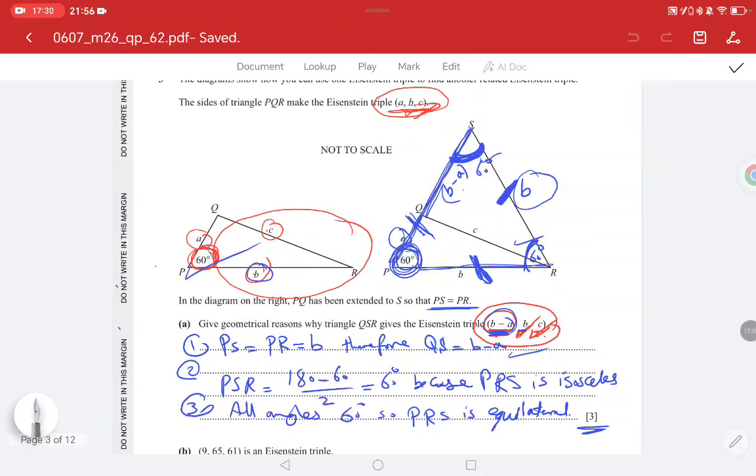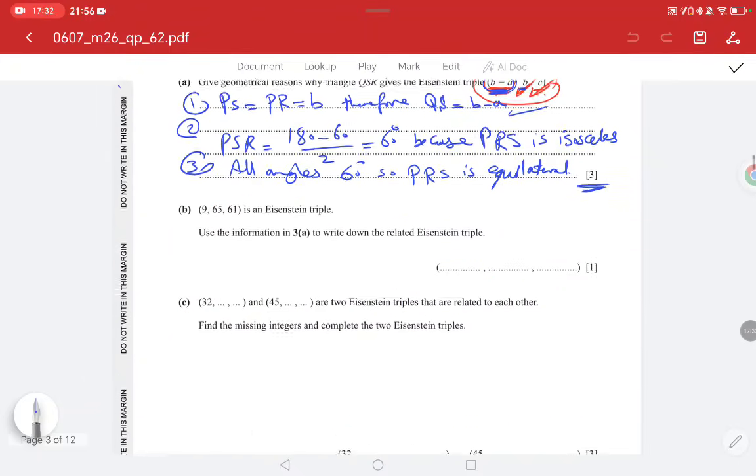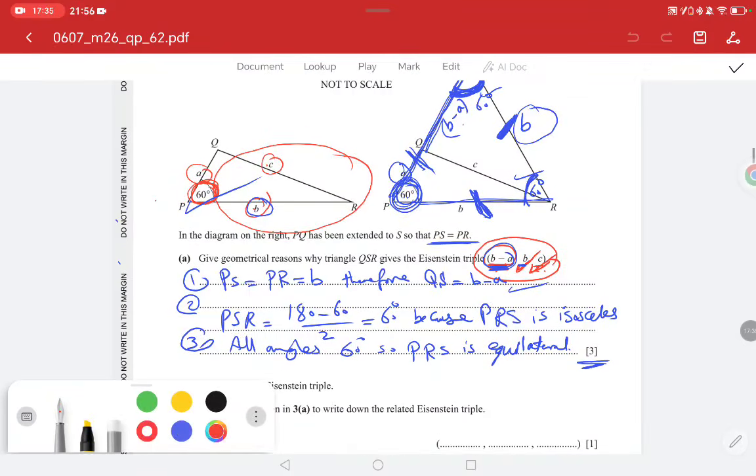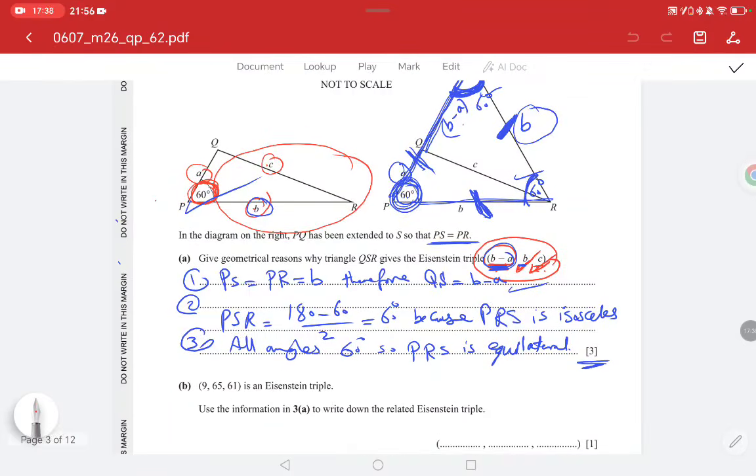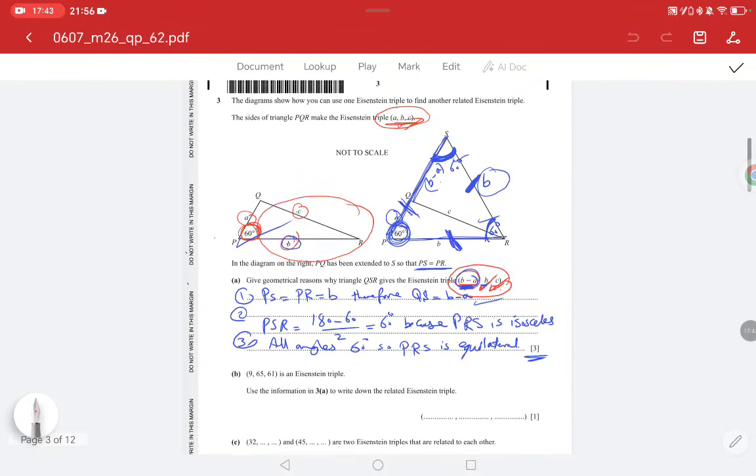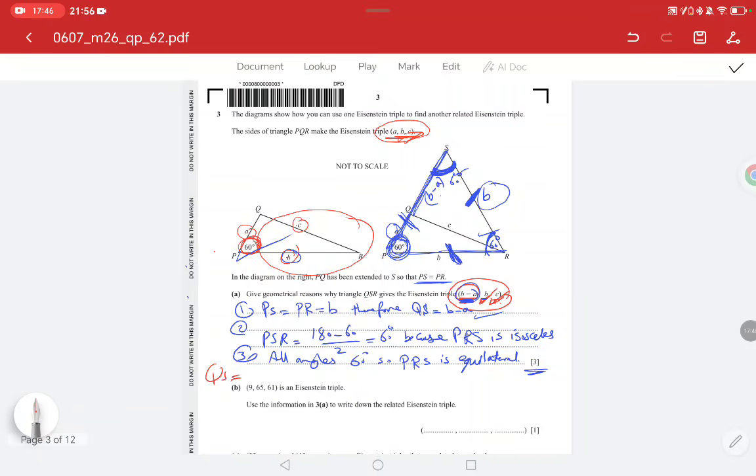Okay, so the conclusion here that we can say now, if you want to write that to make it like full mark, that QS, this one is B minus A. This is the conclusion. And SR is B. Okay, and we know of course here that QR is C. Okay, done with this one.